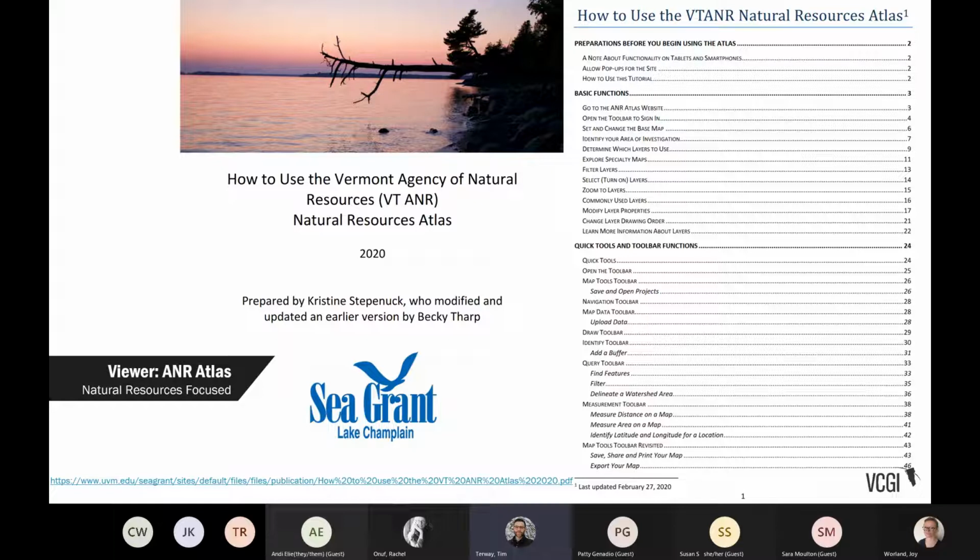But when I add to this that this does not just apply to the A&R Atlas, it really applies to those other tools like the interactive map viewer or the planning atlas, etc., because they are all built on the same platform using the same data underneath. They're just presented differently. So they are still the same technological tool, the same way to draw or identify a feature across all of them. So it applies in multiple ways.